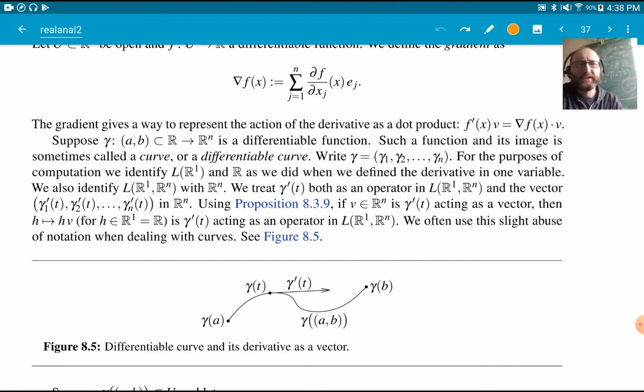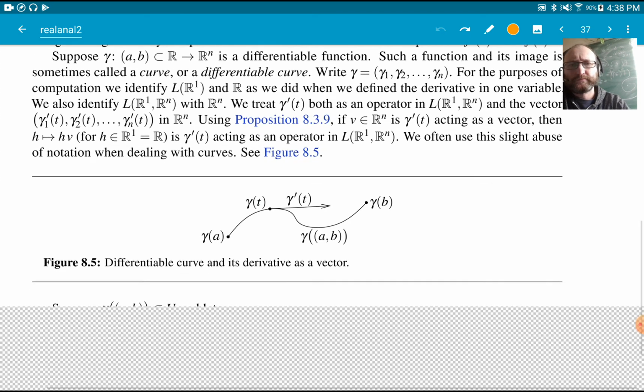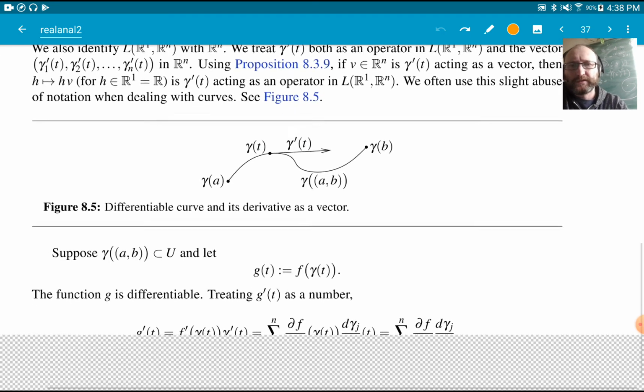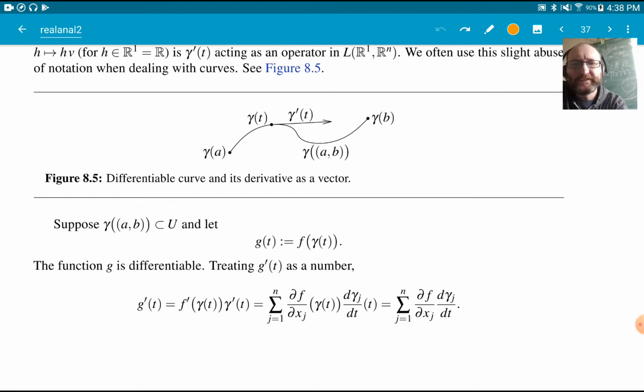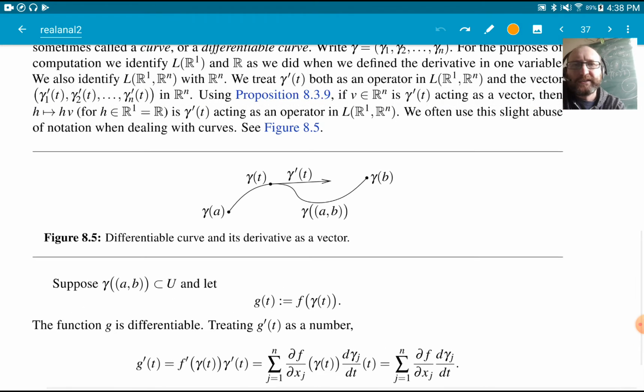All right, so let's move this up. Right, so we have this curve. Now, how do we interpret gamma prime as a vector? It points somewhere.